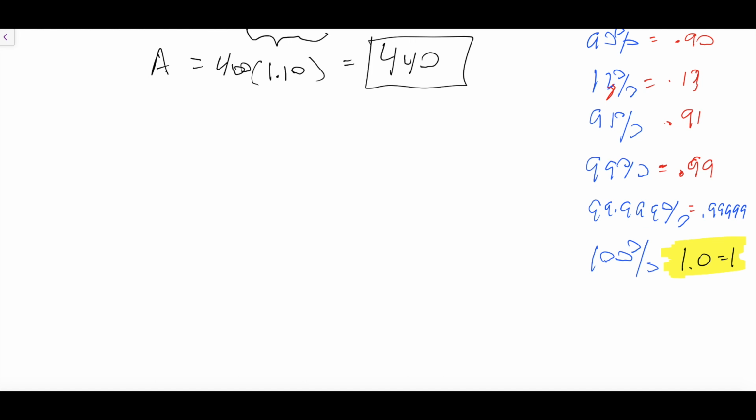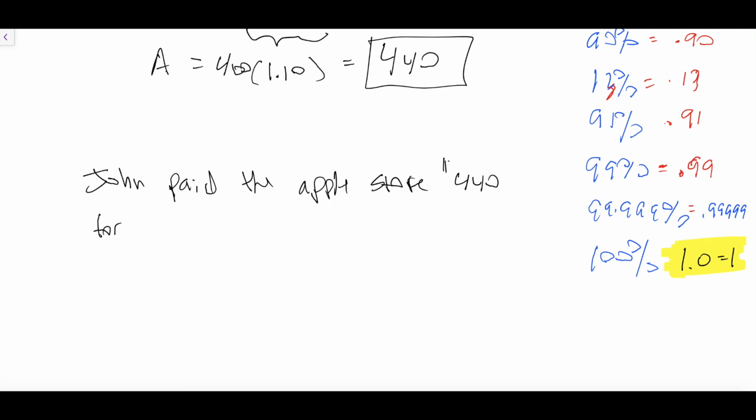I'm going to use easy numbers, the same numbers, but it could be done way harder. So, John paid the Apple Store $440 for the Apple Watch.